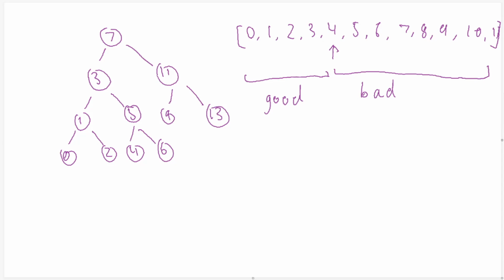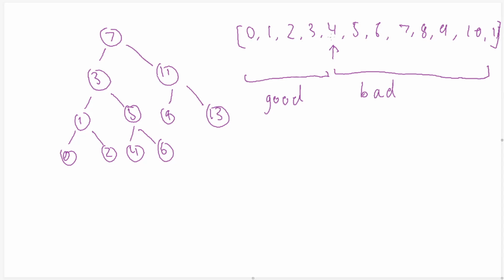So let me back up. We have 5. We have that it's bad, and so we're going to move our upper bound to a value that's 1 less than that. Then we're going to take the average of that and get 2. 2 is good, and so we're going to move our lower bound to 1 above that.